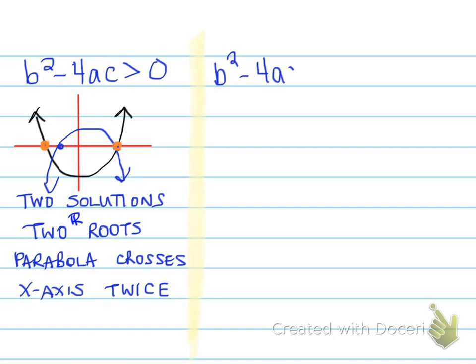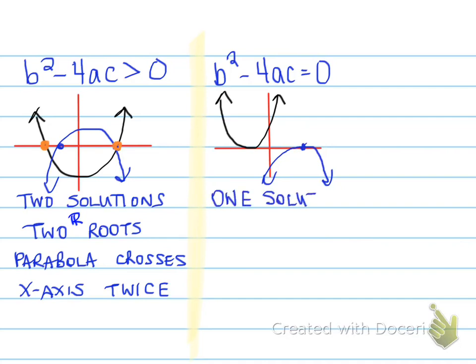What happens when b squared minus 4ac equals 0? Well, in that case, the parabola will actually touch the x-axis once. That point at which it touches the x-axis is the vertex. Whether it opens up or down, when the discriminant equals 0, there is only one real root, and that root turns out to be not just the root, but also the vertex.